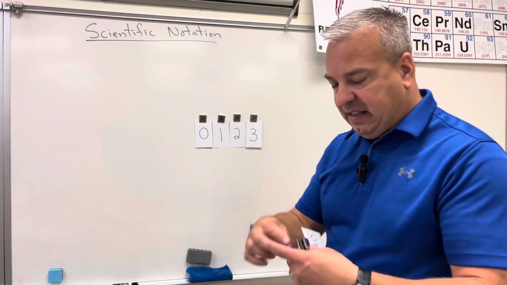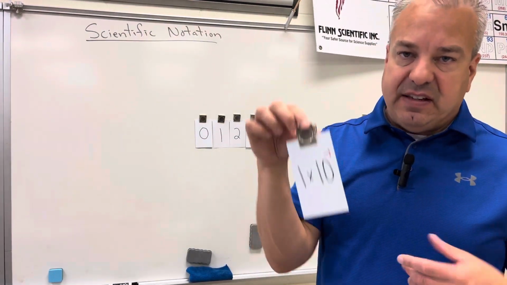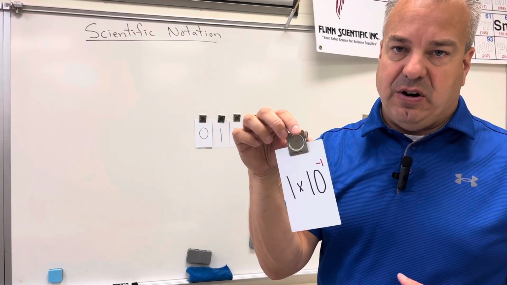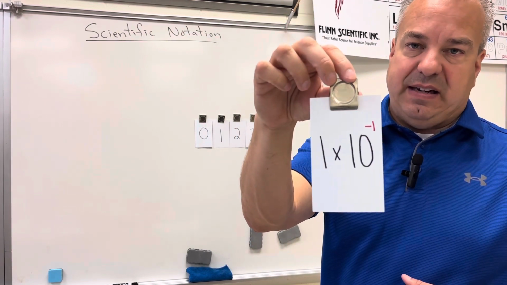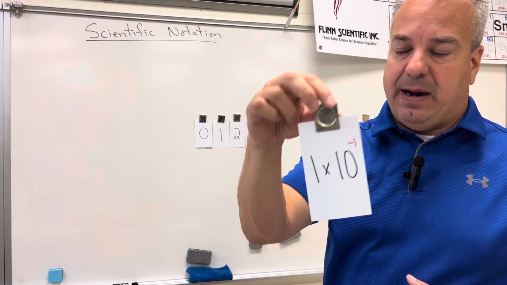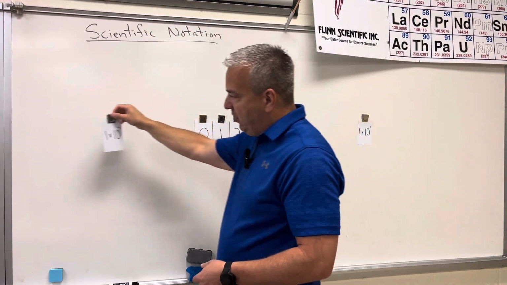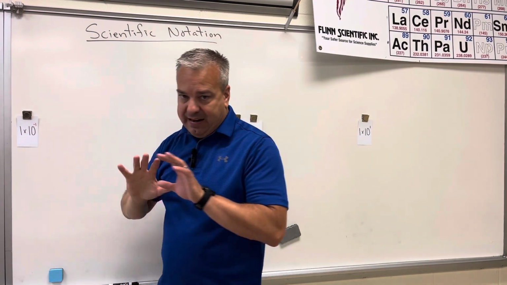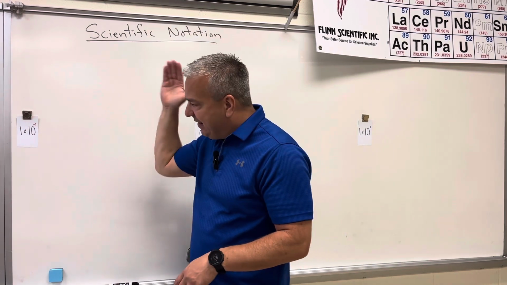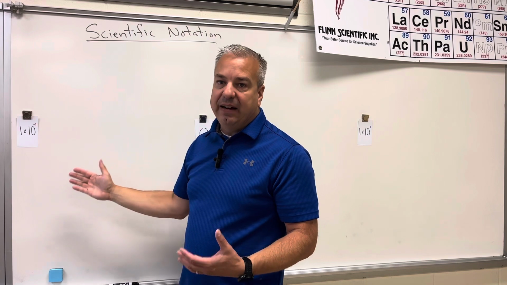Now, when it gets to the negative exponents, this is where sometimes I have students struggle. So this is 1 times 10 to the negative first power, and I see some students putting this way over here, and that is incorrect. This is not equal to negative 10.